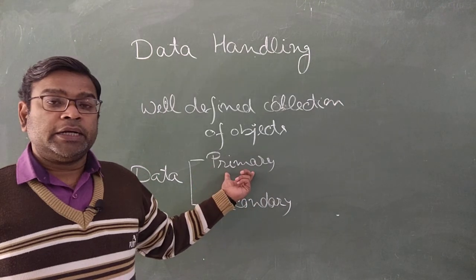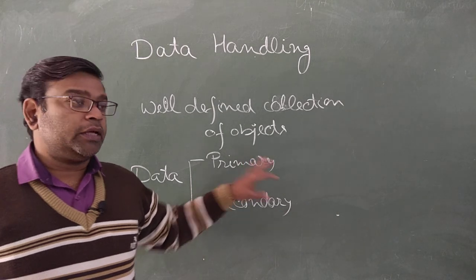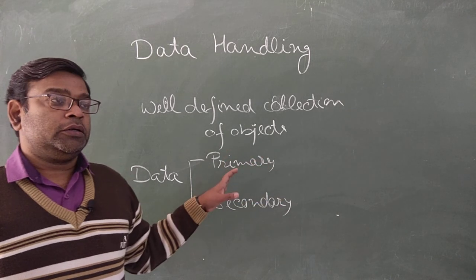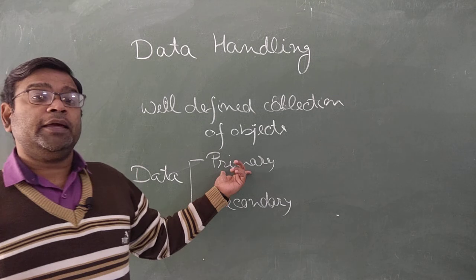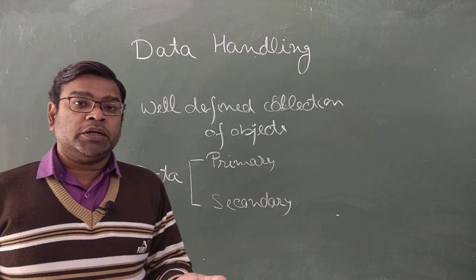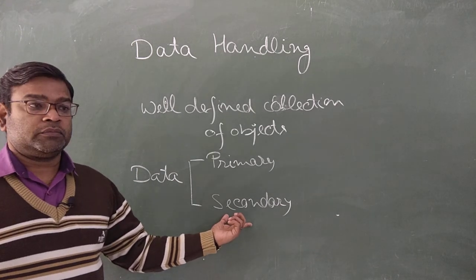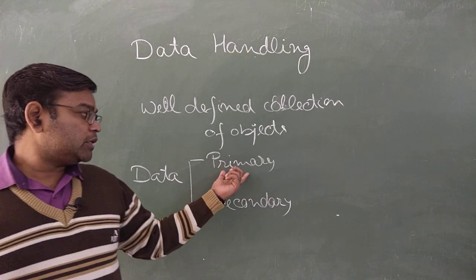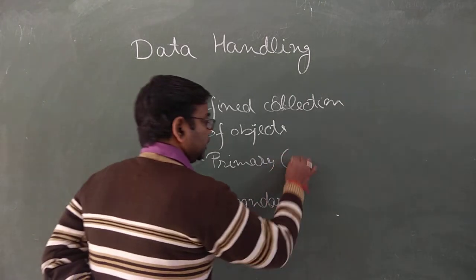The data we receive at first, randomly, without any arrangement, without any order, is known as your primary data, and if we arrange those data according to the requirement, that data is known as your secondary data. What we receive first is your primary data, also known as raw data.